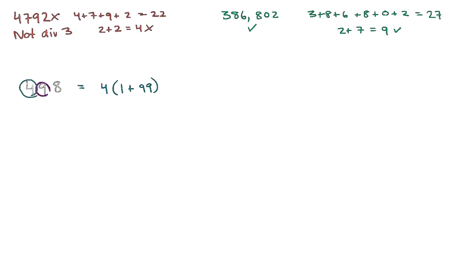This 9 in the tens place, well, that represents 90, or 9 times 10, or 9 times 1 plus 9. And then finally, this 8 that's in the ones place, that's just 8 times 1, or we could just write plus 8. Now, we can distribute this 4. This is 4 times 1 plus 4 times 99. So it's 4 plus 4 times 99.